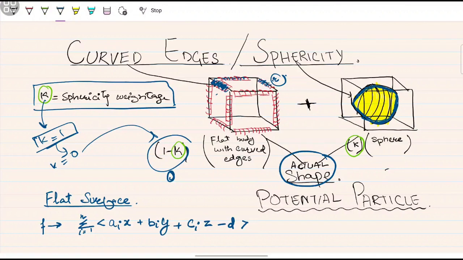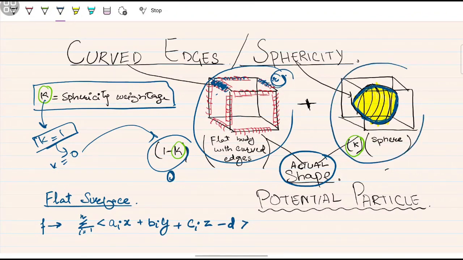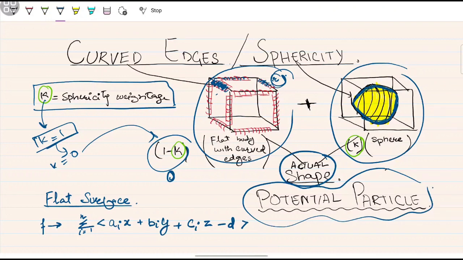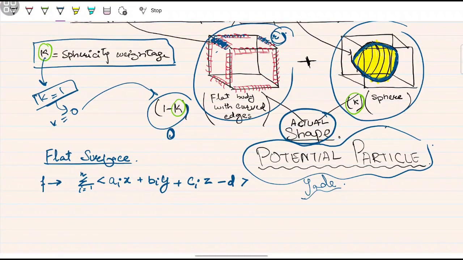This concept of flat bodies, curved edges, and sphericity is called a potential particle. You can find this in Yade software. I came across this term from there, and there's research going on regarding this, and we are using potential particles.